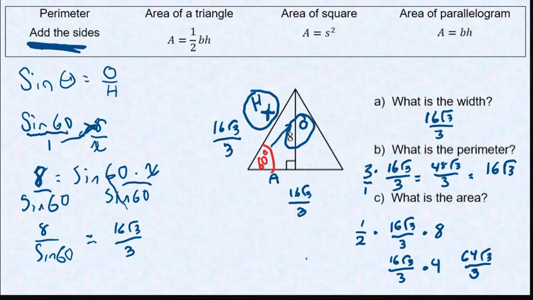And 64 is not divisible by 3, so I am done. There's a couple of combinations I could have done there to solve that problem. I could have turned it into 16 square root 3 over 6, I'm pretty sure, and gotten the same answer. I just went with the even number and divided it by 2 and then solved the problem. That's it. Alright, let's take a look at the next example.